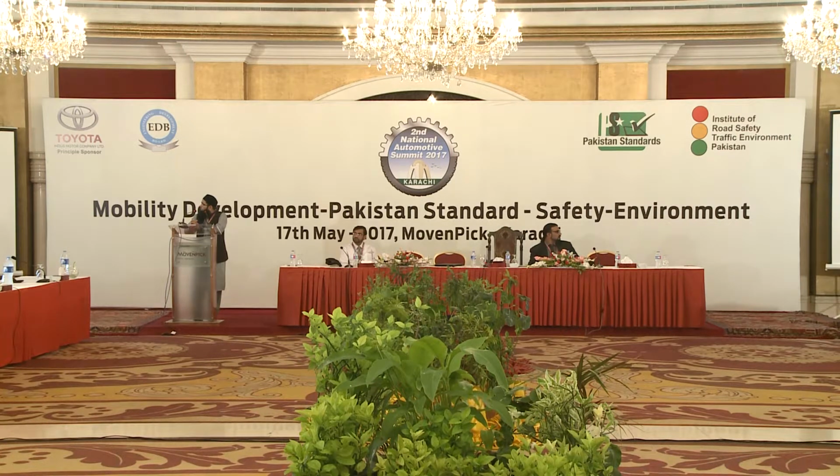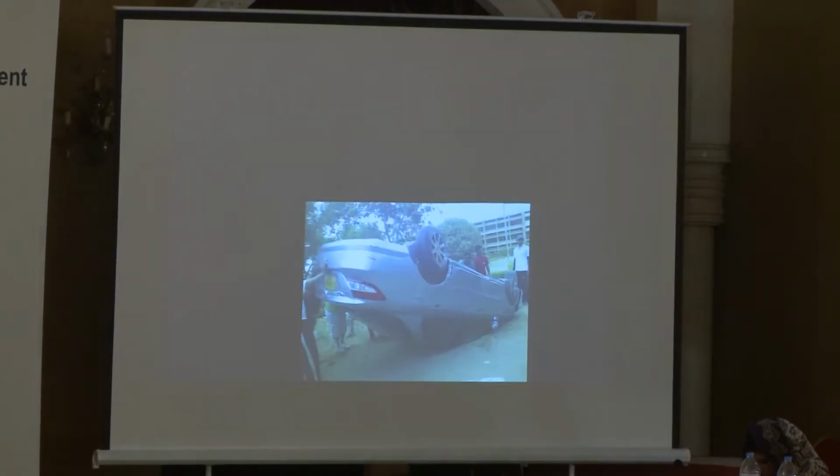The red block of 15 to 19 years, this is the highest leading cause of death of the people all across the world, not only in Karachi, not only in Pakistan. This is the data of the world. So you can see that the most productive age has the highest risk of road accident, and that is another reason why this calculation of lost labor output is very important to every society. Next.